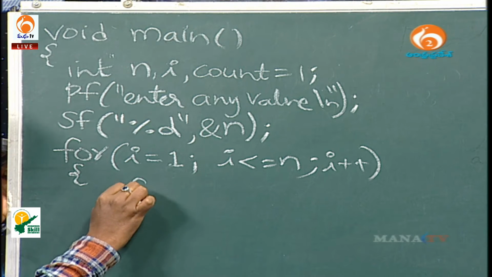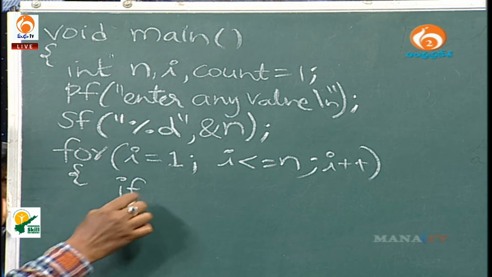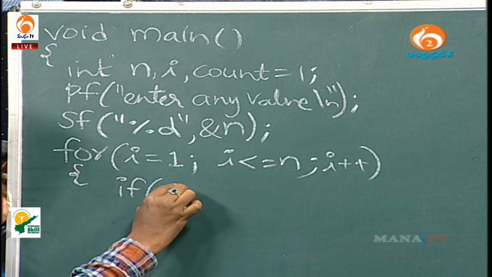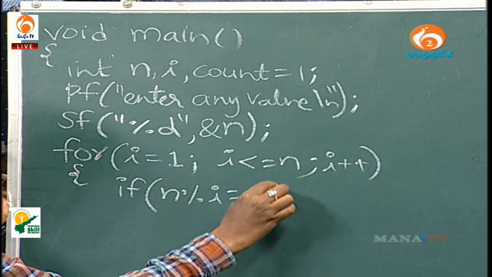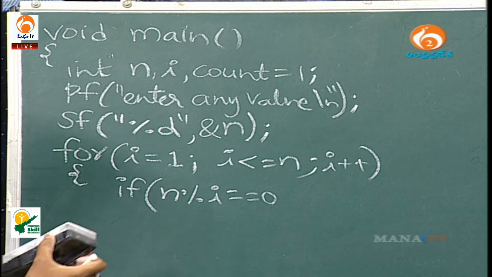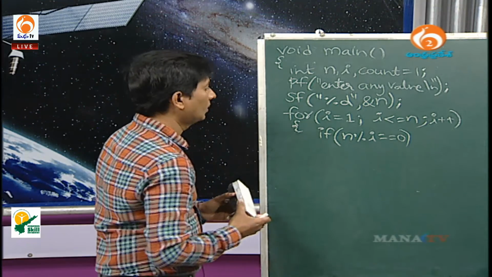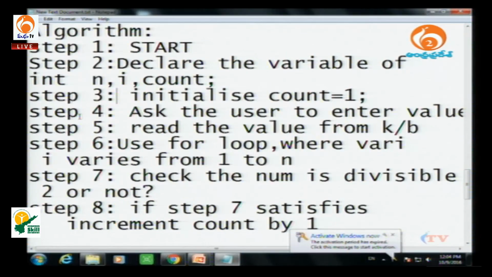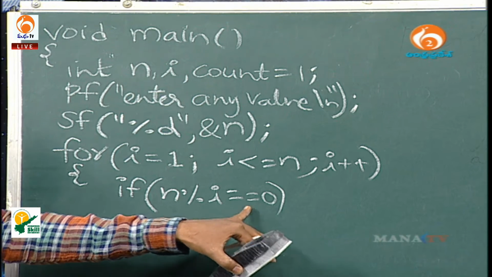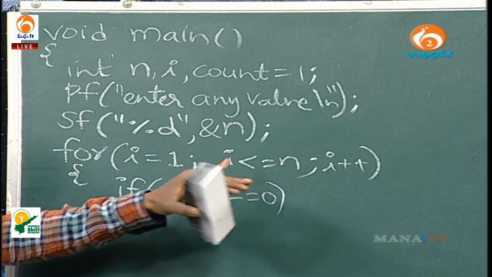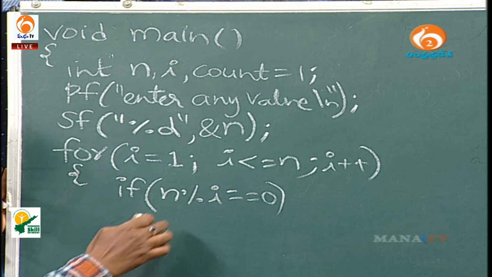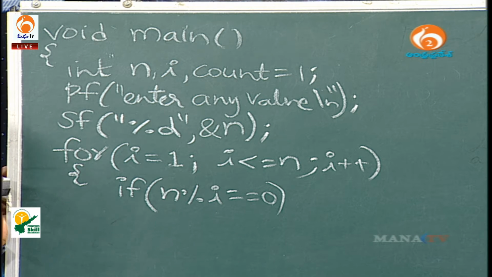We have to use an if condition here: n % i == 0. n % i == 0 means it has to be satisfied 2 times only, then only we can say that the value is a prime number. Okay. If it satisfies this one, that is the next step.